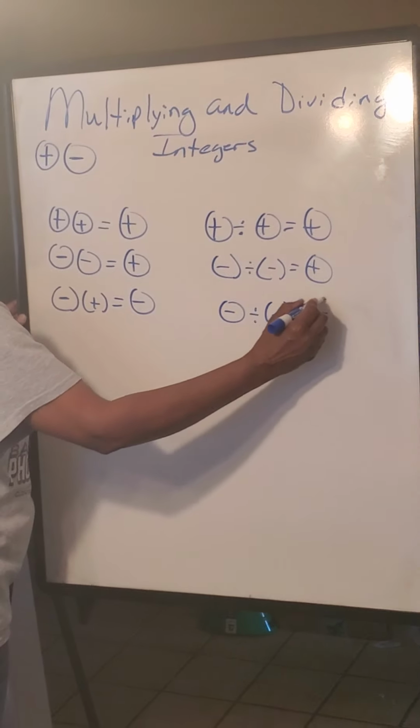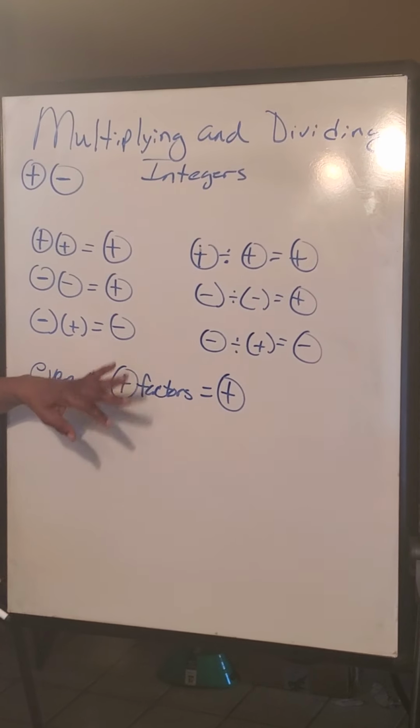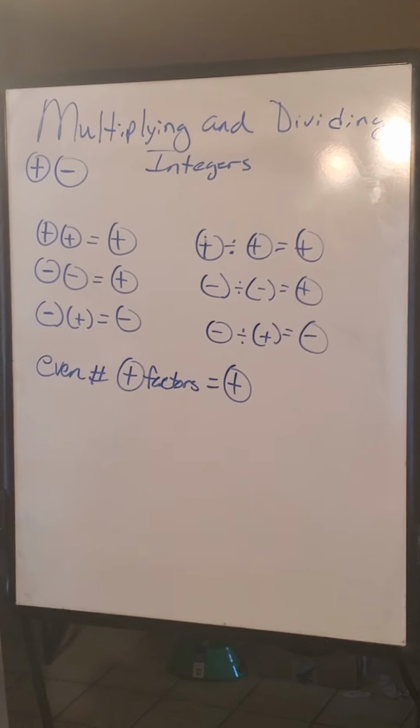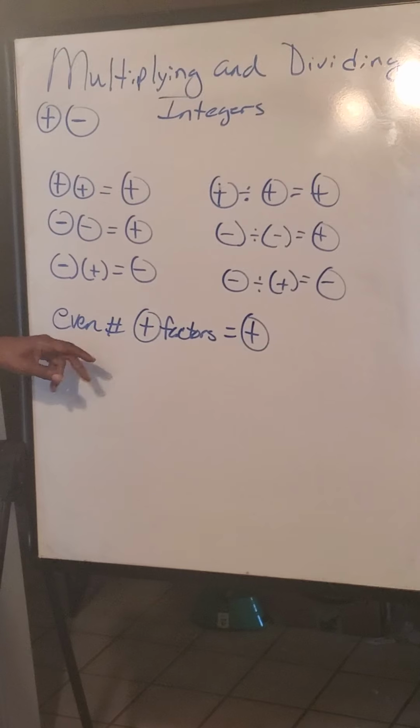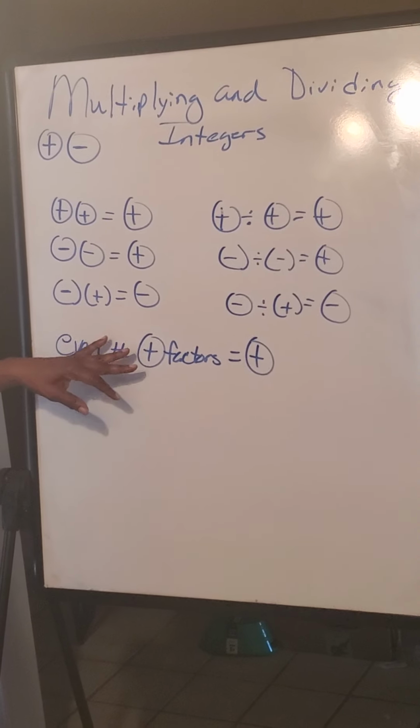Well, let's see what happens when I multiply more than two numbers, okay? So, if I have an even number of positive factors, my answer will be positive. In other words, let's say I gave you 7 factors to multiply, and of the 7, 4 of them are positive.